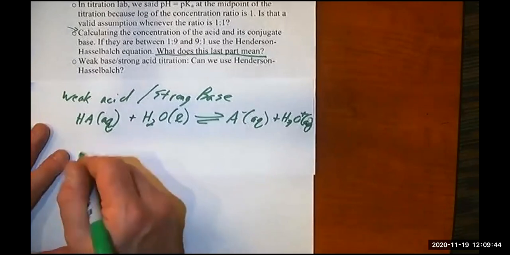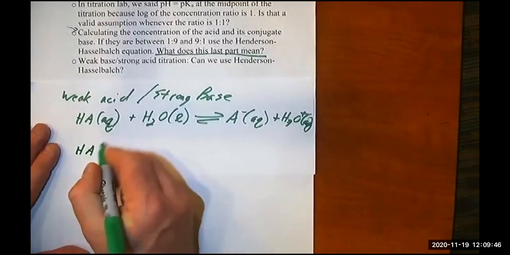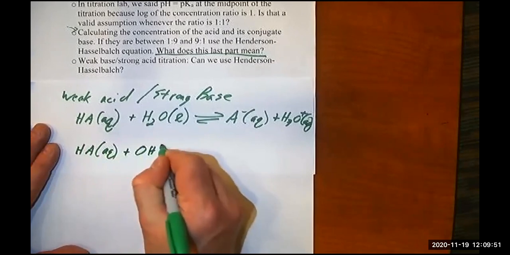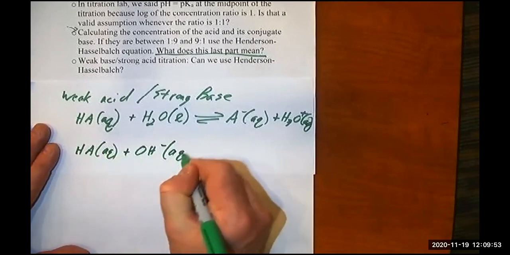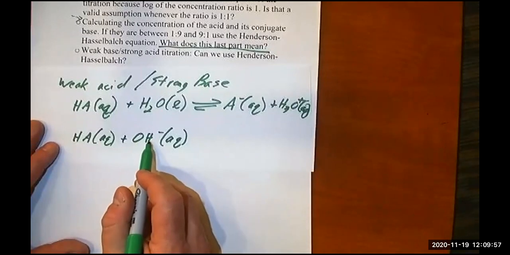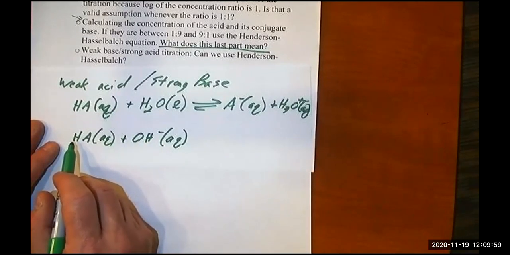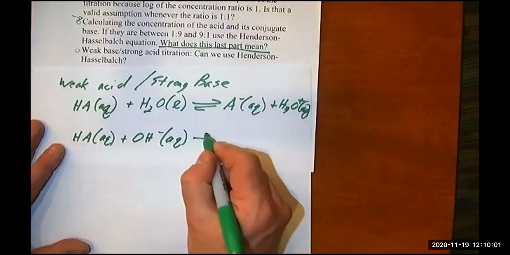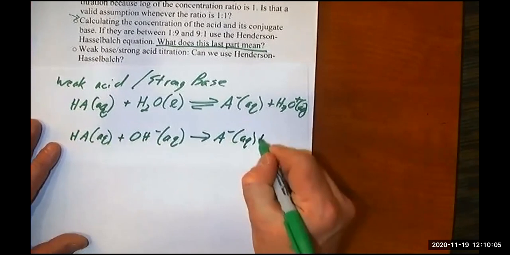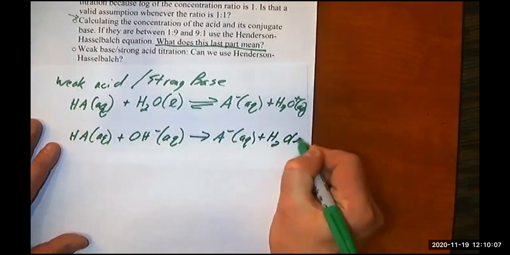The general idea is that if you have HA in solution, and you add OH minus to it, well, OH minus is a strong base by itself. So it's going to pull off the hydrogen from the acid to produce A minus, aqueous, plus H2O, liquid.